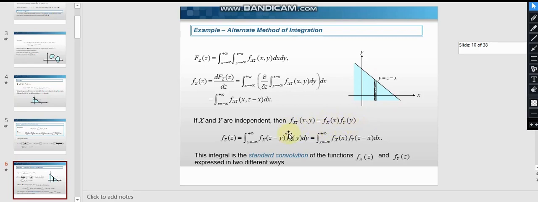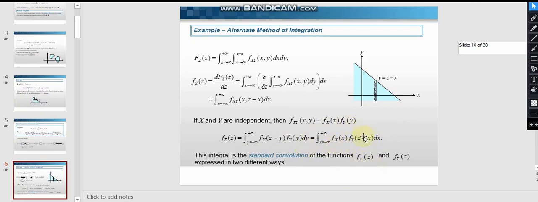So by incorporating these terms, in the case of independent random variables, I can write it as the integral of f sub x of z minus y into f sub y of y dy. In the alternate way, I can write f sub x of x into f sub y of z minus x.